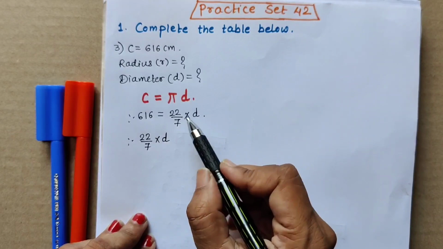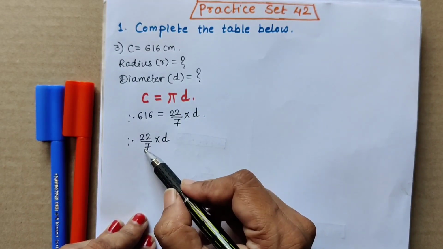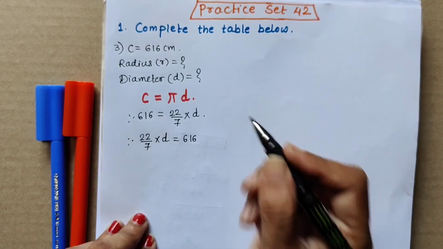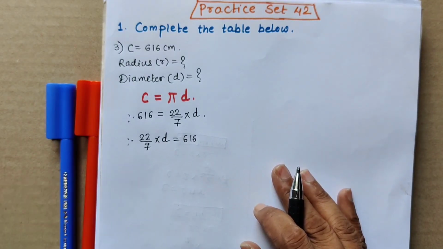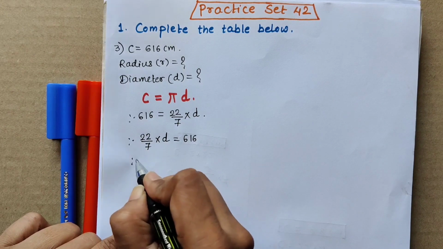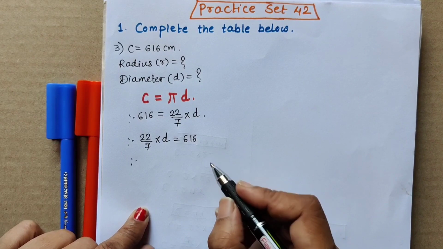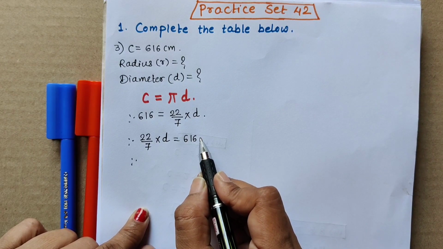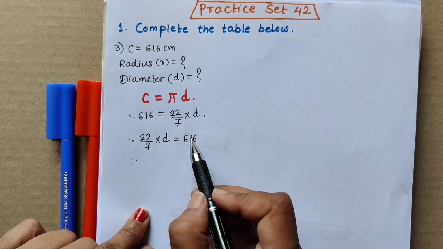Now I will transfer this 22 upon 7 to the right hand side. This is upon 7, that means divide by 7. When it goes to the right hand side, it becomes multiply by 7. And 22 is multiply by, so it becomes divide by.